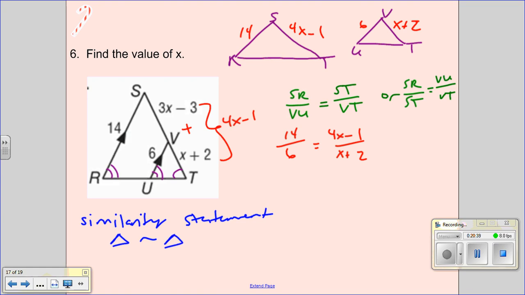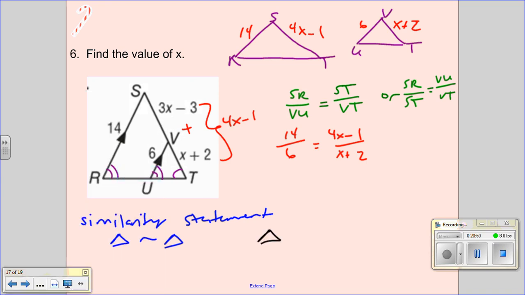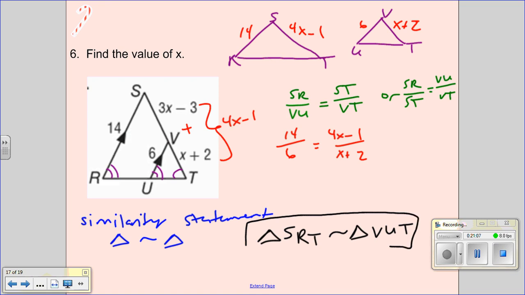So using this example, I could say triangle SRT is similar to triangle VUT. Notice I put the angles that are congruent in the right locations. And that's all a similarity statement is. You're just naming the triangle, but make sure you name it with the appropriate angles in the correct spots.